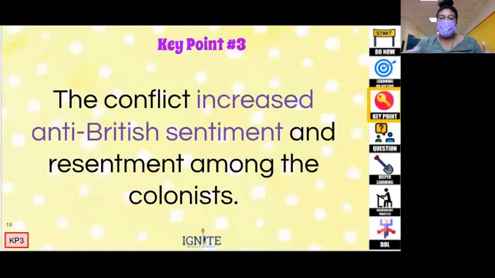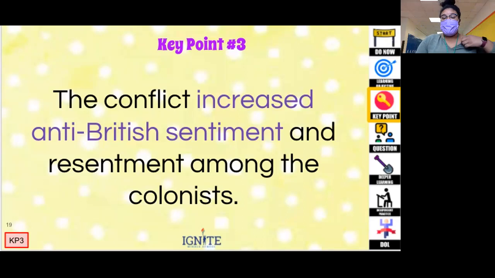This conflict, the Boston Massacre, increased anti-British sentiment and resentment among the colonists. Anti-British sentiment means disliking the British, having bad feelings about the British. This conflict increased how much the colonists hated Great Britain.